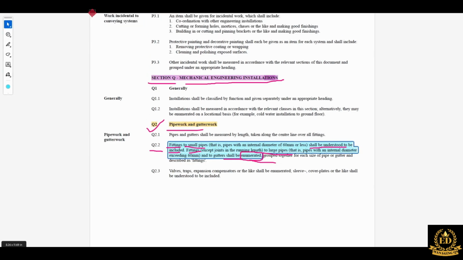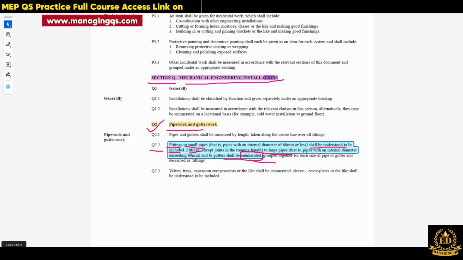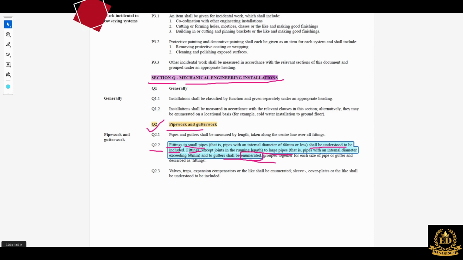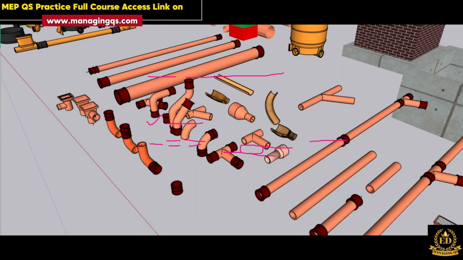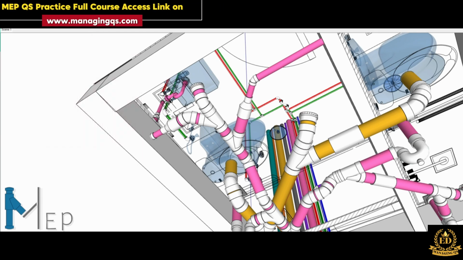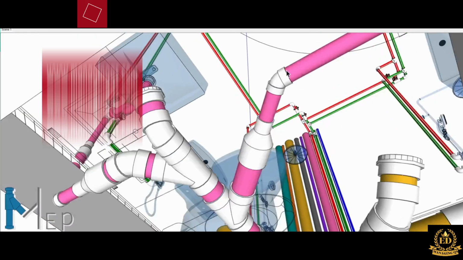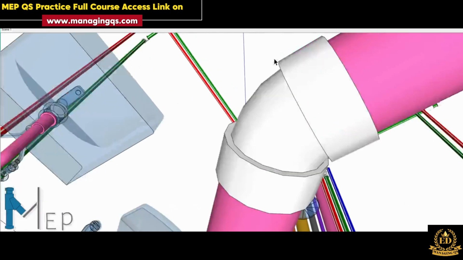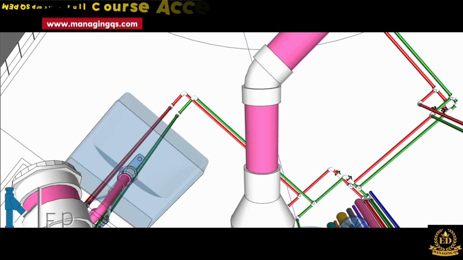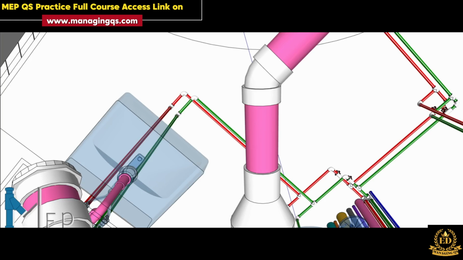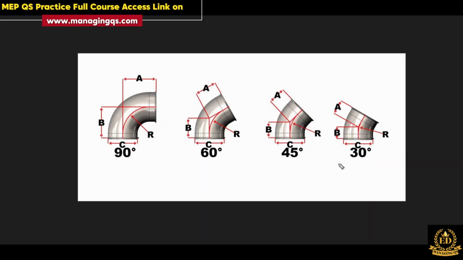Alright, as an MEP quantity surveyor you should have very proper knowledge of pipe fittings. In this session, I am not going to discuss all the fittings, but have a look at one special thing for a particular fitting. Yes, it is called an elbow. You can see there is an elbow. You may think, what is special about this elbow? Generally, in pipe work, we use these four types of elbows: the 30-degree, 45-degree, 60-degree, and 90-degree elbow.